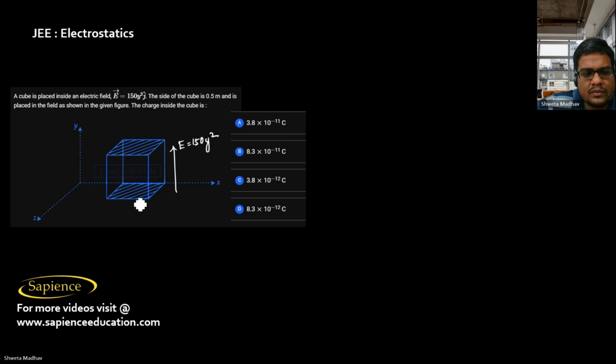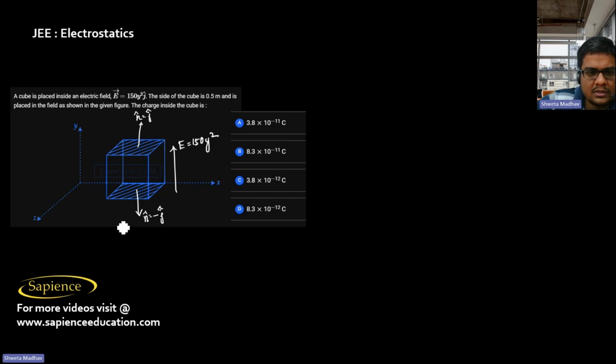So the flux will be non-zero. For the side faces, the flux will be 0 only, but for the base and for the top, the flux will not be 0. Why? For the base, the normal n cap is along minus j cap, and for the top face, the normal vector is along j cap.